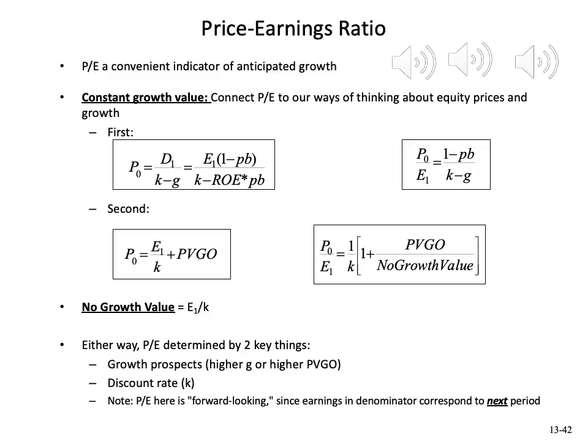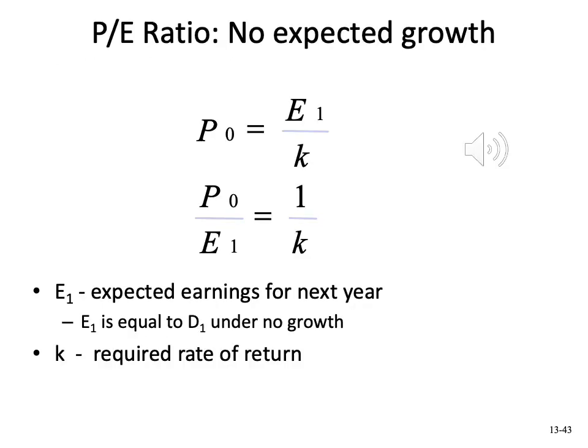Please note here the P/E ratio is the forward-looking P/E ratio because we are using the E1, the next period earnings. Now let's look at P/E ratio with no expected growth. When there is no growth, the no growth value P0 equals E1 divided by K. So P/E ratio is just 1 over K.